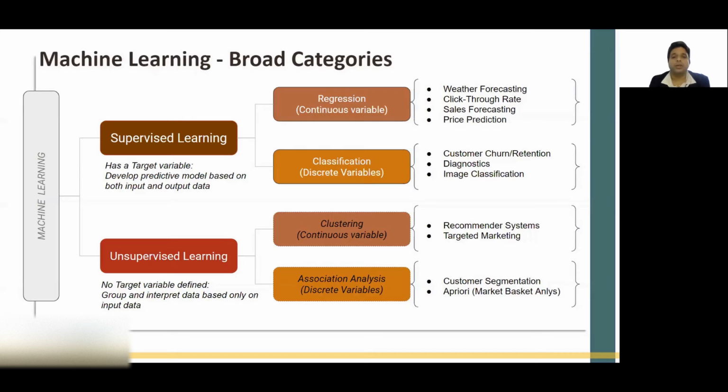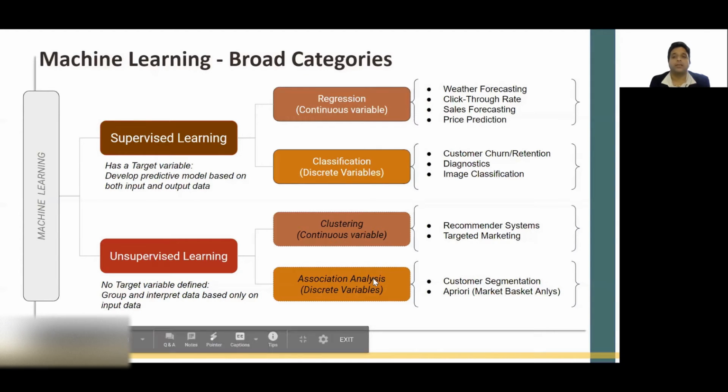So I hope this is clear. Just to recap, machine learning has two broad categories, supervised learning and unsupervised learning. Supervised learning has a target variable, whereas unsupervised learning does not have a target variable. The subclasses of supervised and unsupervised learning are regression, classification, clustering, and association analysis.